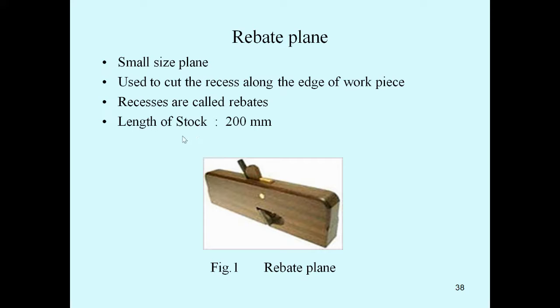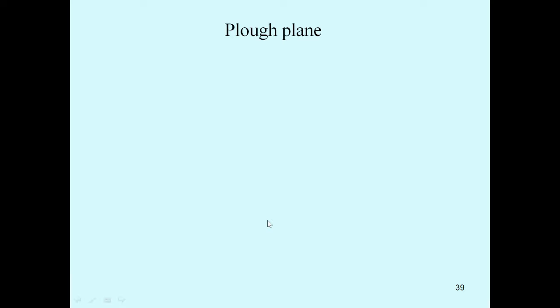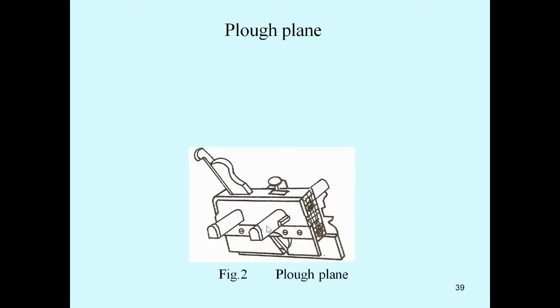Next, the length of the stock, that is the length of the body, is about 200 mm. The width of the blade is about 12 to 50 mm. So next one is plough planes.